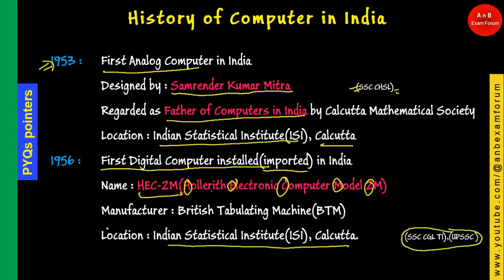So if they ask about the first analog computer, it is Samrendra Kumar Mitra. Where was it established? ISI Kolkata. If you talk about the first digital computer installed in India which was imported, the name is HEC2M. This computer was made by British Tabulating Machine, and it was installed at ISI Kolkata.